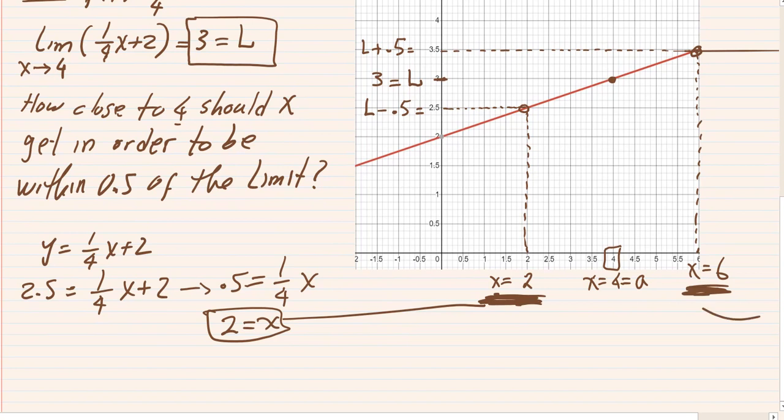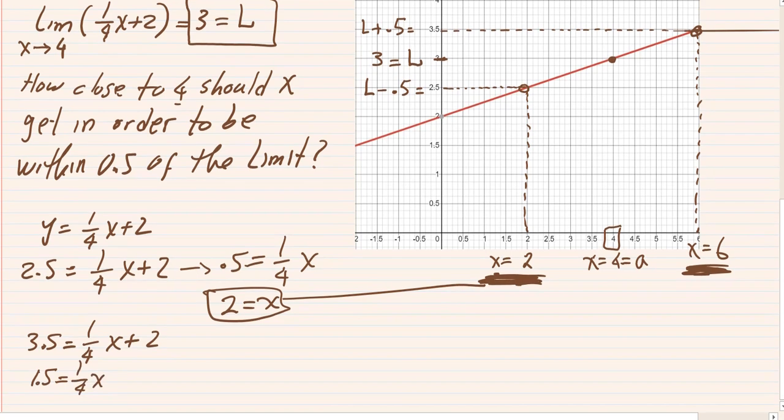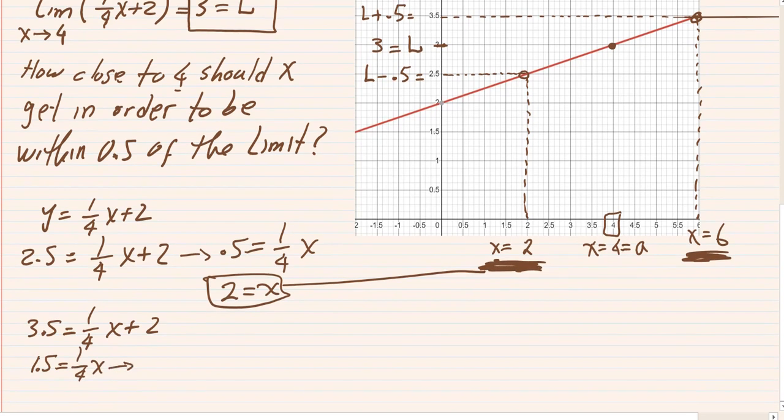And how did I find the 6 here? If I don't want to do it from the graph, you say the upper limit 3.5 is equal to 1/4 of x plus 2. Then subtract 2 from both sides, I get 1.5 equals 1/4 of x, and then multiply both sides by 4. 4 times 1.5 is 6, and there you go.